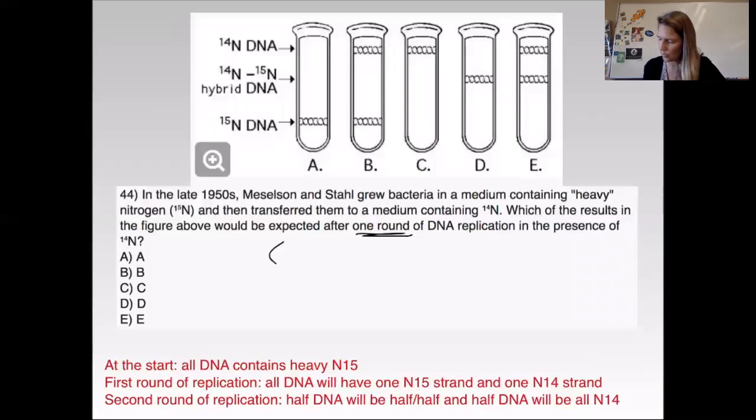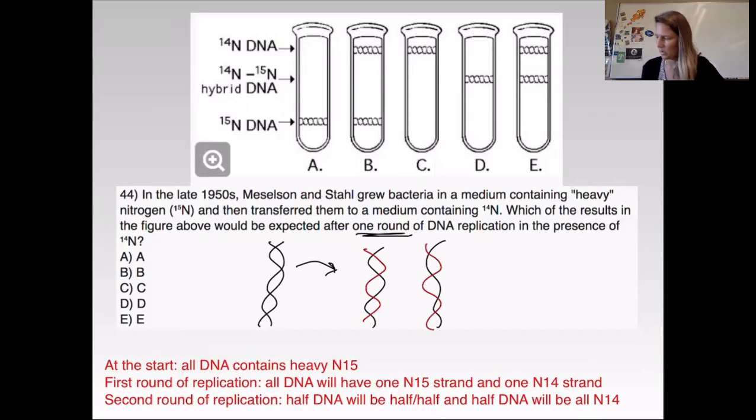So again, don't pretend that some people can just do this in their head. I always have to draw it out. So after 1 round, we are going to see the parent strand separate, and then we're going to get new DNA. So we would expect to see all at least 50%, right? So here's N15, here's the N14, here's the hybrid.